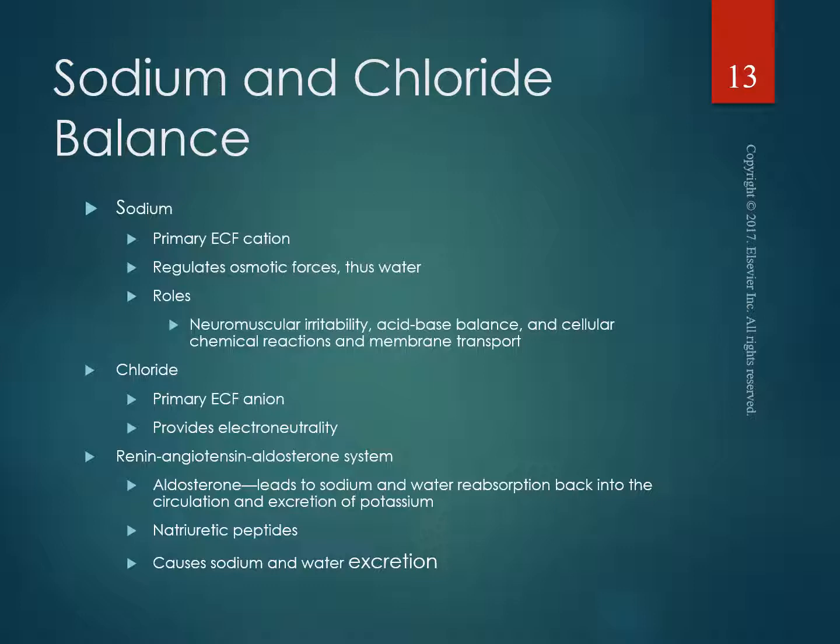Renin, a protein, converts angiotensinogen to angiotensin 1. Subsequently, angiotensin 1 is converted to angiotensin 2 in the lungs. Angiotensin 2 causes the kidney to retain sodium and, in turn, water.